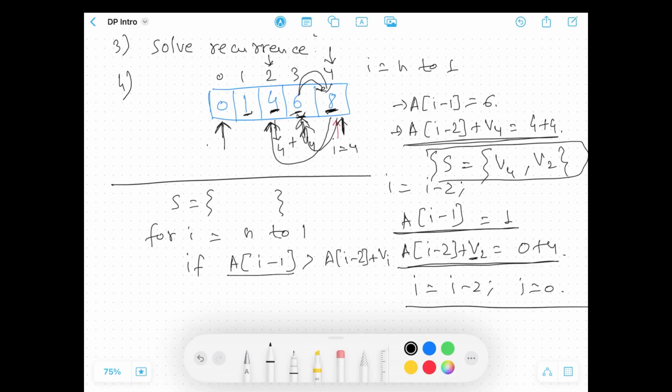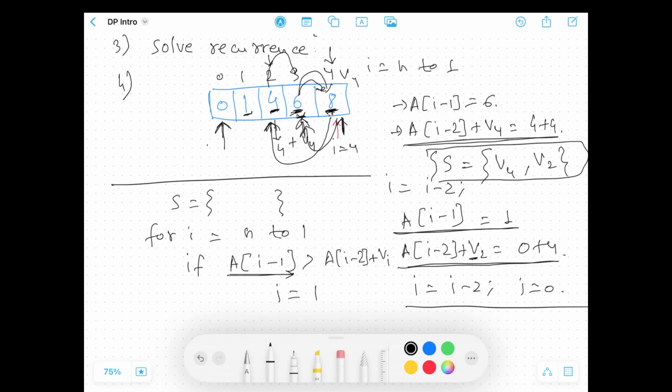So we will move here and see where this 6 came from. Now this 6 either would be part of the solution, or this 6 might have been carried forward from the previous one. So in this case, we are not going to add 8 to the solution set or the vertex 4 to the solution set, because we know that 8 is not part of the solution, because I minus 1 is greater.